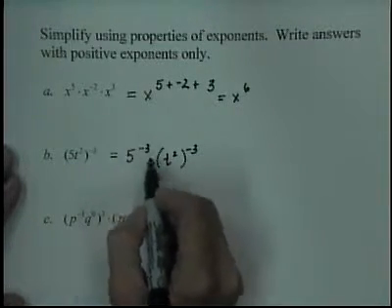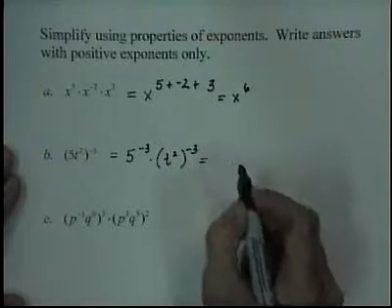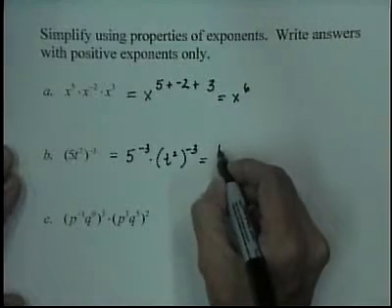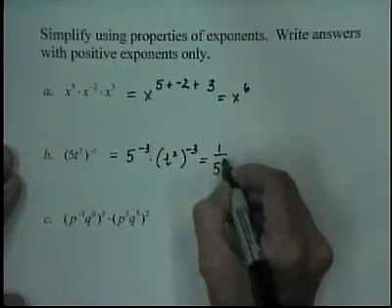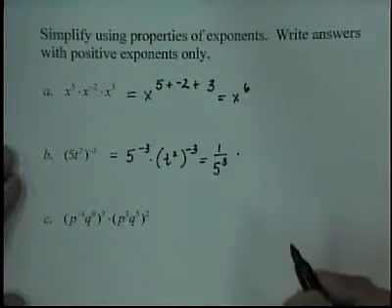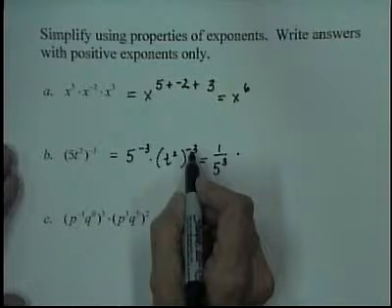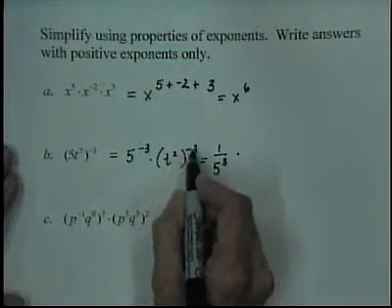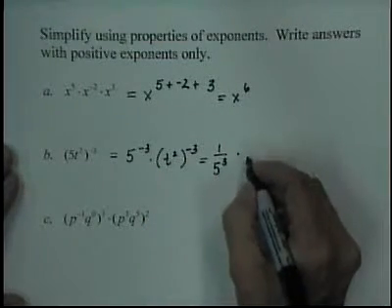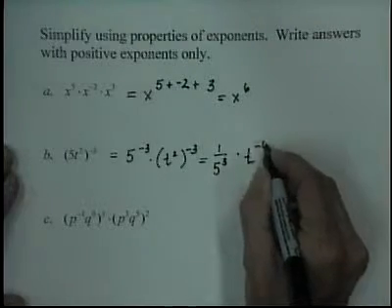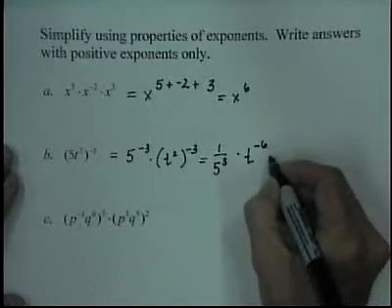Now simplifying each part, 5 to the negative 3 means 1 over 5 to the positive 3. As a first step in simplifying t squared to the negative 3, when I have a power to a power, I multiply exponents, and so I'm going to get t to the negative 6.